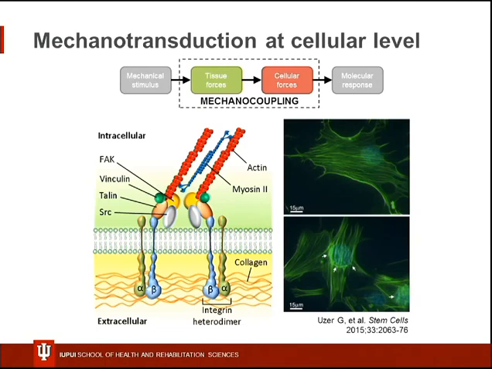Those integrins are connected to the cytoskeletal arrangement in cells, and this is an unloaded cell, and this is a loaded cell. Some of the work of one of the colleagues at IU, William Thompson, who wrote the perspective with me, shows that these integrins, which are extracellular, connect with the cytoskeleton within the cell, which then connects directly with the nucleus.